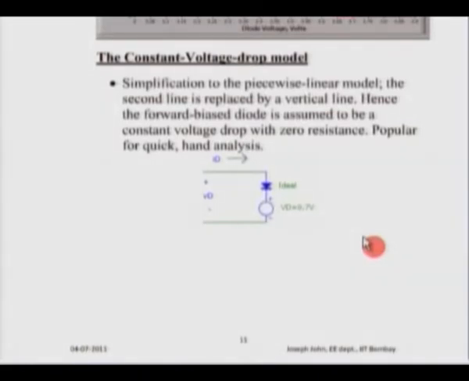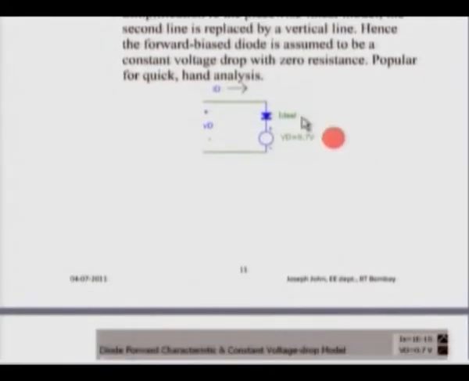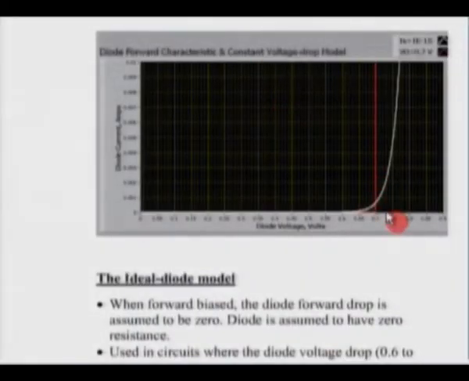This is a popular model from the point of view of analysis, because it makes analysis much simpler. If you have the previous model, the piecewise linear model, it might require a few computations, whereas this is much simpler. Let us have a look at how this model compares with the actual scenario.